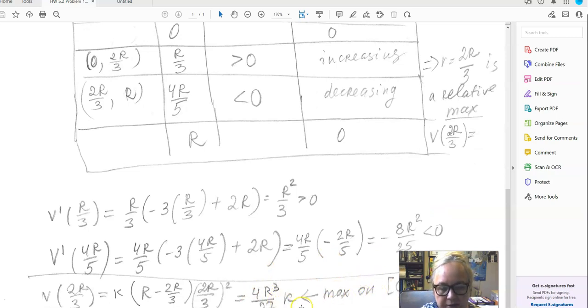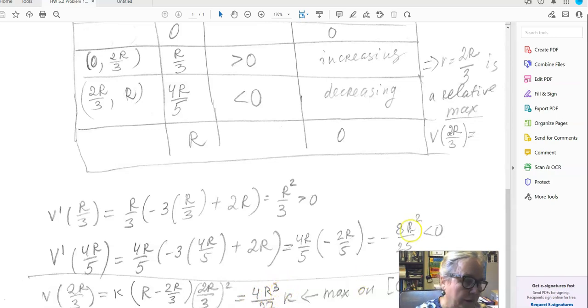So we can say that the function has the maximum value at r equals 2 capital R over 3. The value of the function, which they didn't ask, but I just show you, is 4R cubed over 27 times k.